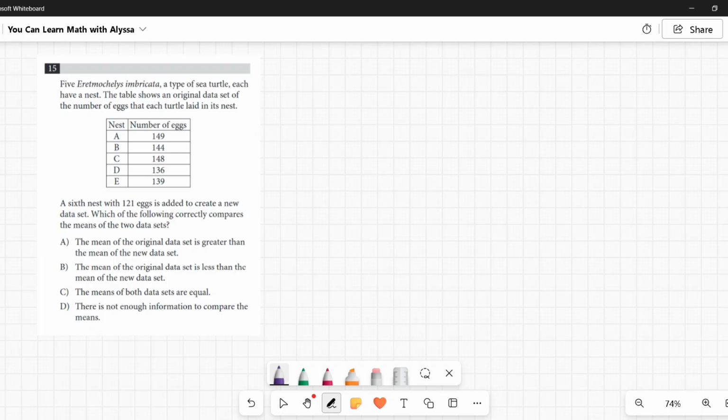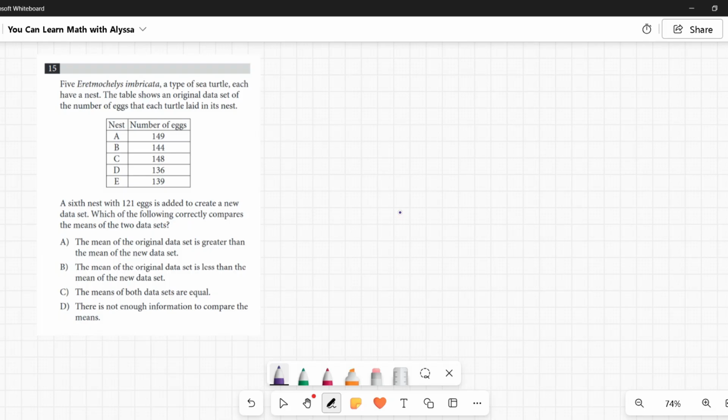Now our first one, we have 5 data points. 149, 144, 148, 136, and 139. And our 6th data point, the 6th nest, is 121. There's 2 ways to look at this. You absolutely can find the mean of the first data set, then find the mean of the second data set, and compare them. But there is a shortcut, and I'll show you that in a minute.